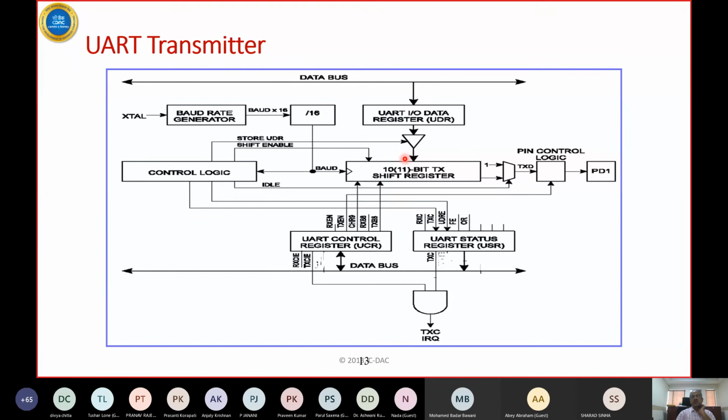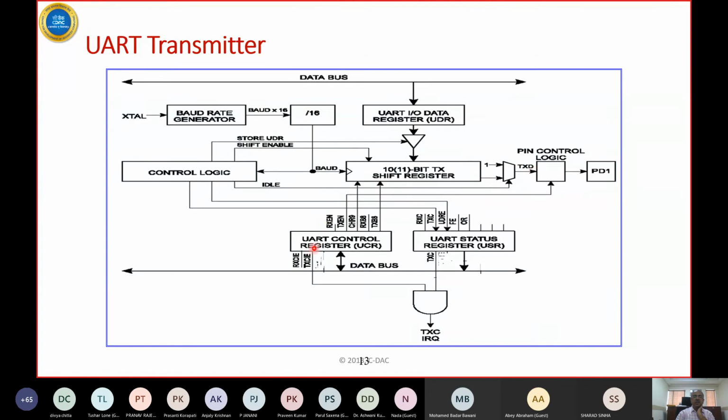So you need a mechanism by which the parallel byte is converted into a set of bits which are sent one after another serially. Now there is a baud rate generator which gives the clock, and once the data is loaded, 10 bits, start bit, 8 data bits and stop bit, or 11 if a parity bit is also present, is shifted out.